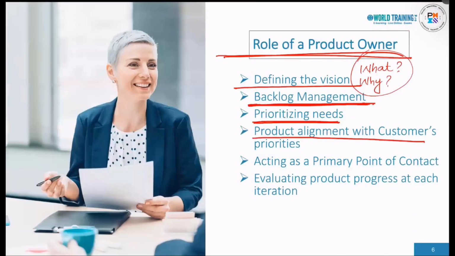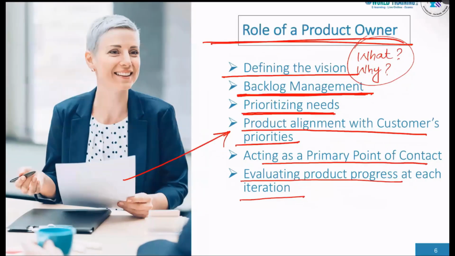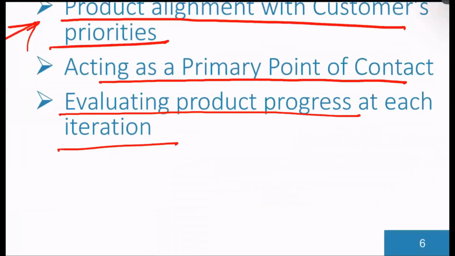Product aligns with customers' priority. Whenever customer priorities change, the product owner aligns the product backlog with customers' priorities, acting as a primary point of contact between customers and the product development team. Product owner is responsible for evaluating product progress at each iteration. So at the end of each iteration, a review meeting is conducted.